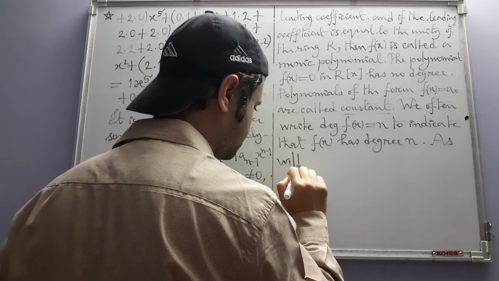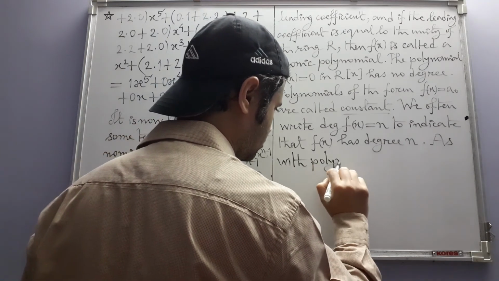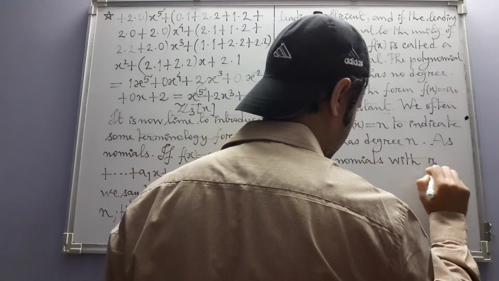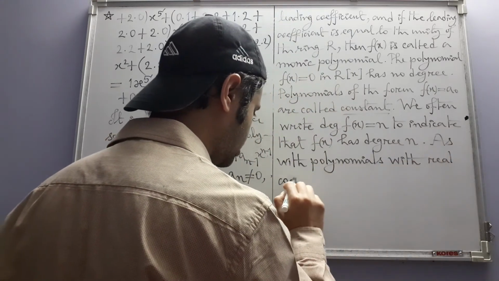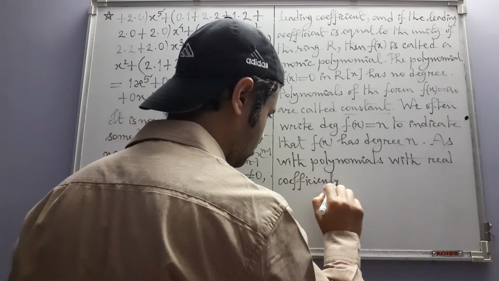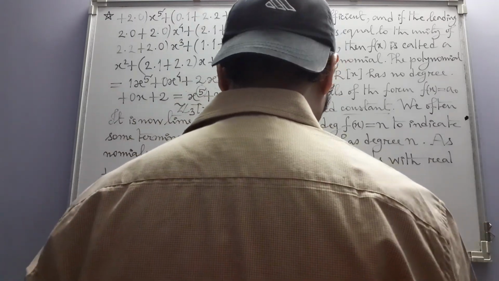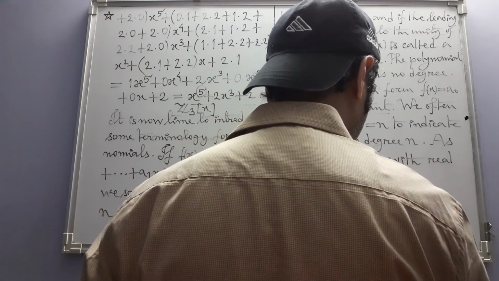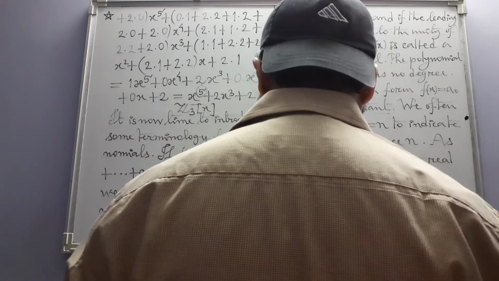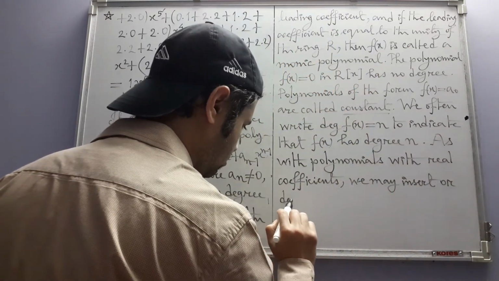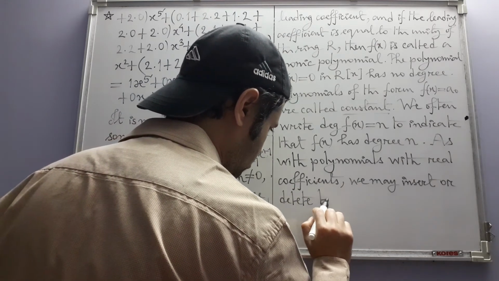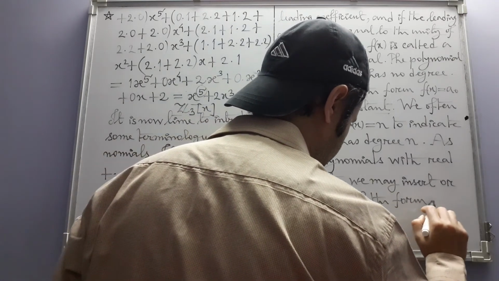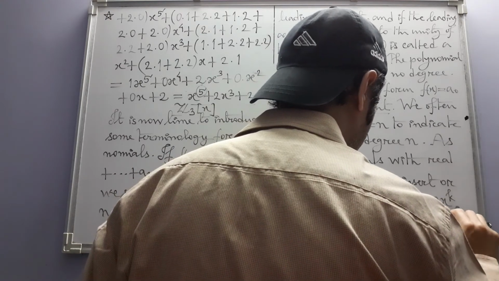As with polynomials with real coefficients, here also we may insert or delete terms of the form 0x to the power k.